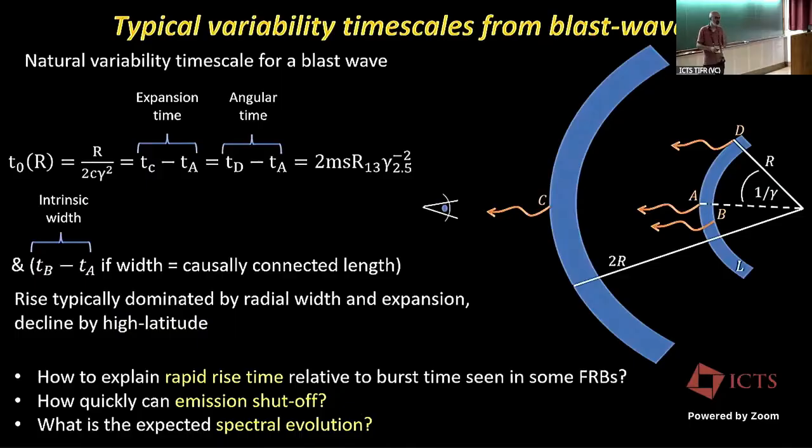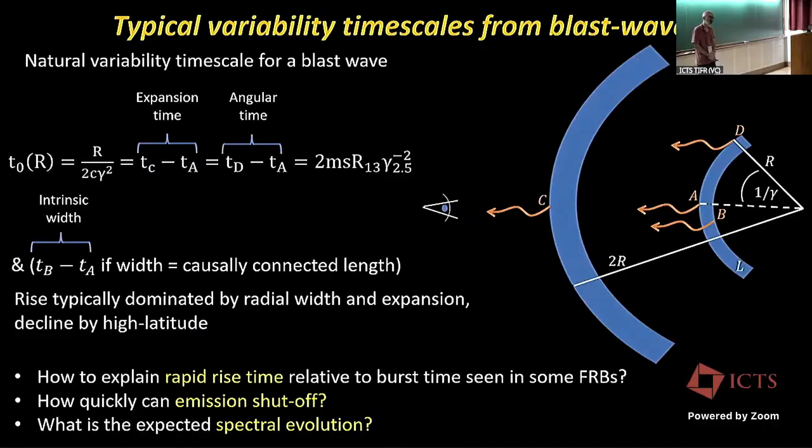So you have the time scale of the radius doubling, you have the time scale of difference in arrival of photons from the front and back of the shell, and you have the time scale of the difference of arrival between a photon coming along the line of sight and the maximally misaligned photon that can still reach with high probability, which is 1 over gamma above the line of sight.